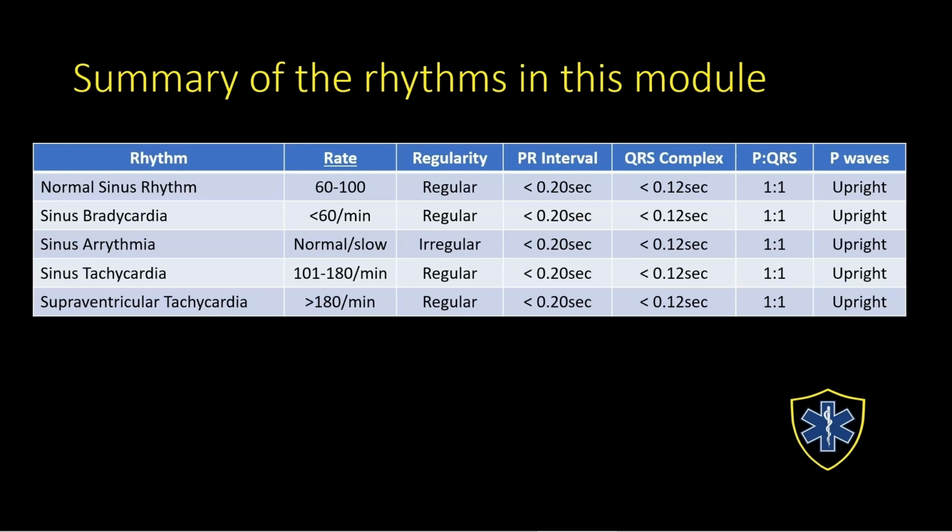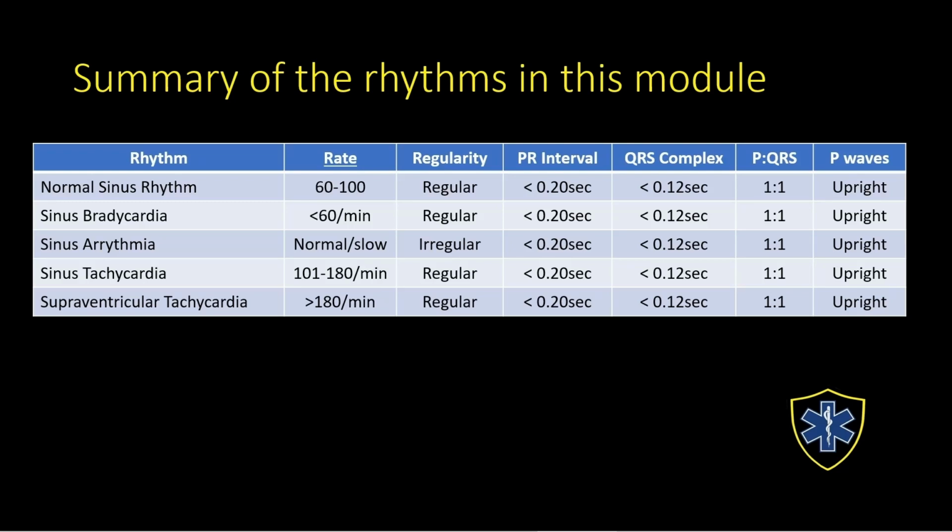If we look at sinus tach, it's going to be over 100 and up to about 180 in adults. Again, it's still a regular rhythm, and all the other criteria are the same. If we look at supraventricular tach, it's typically over 180. Again, all the other criteria are the same.